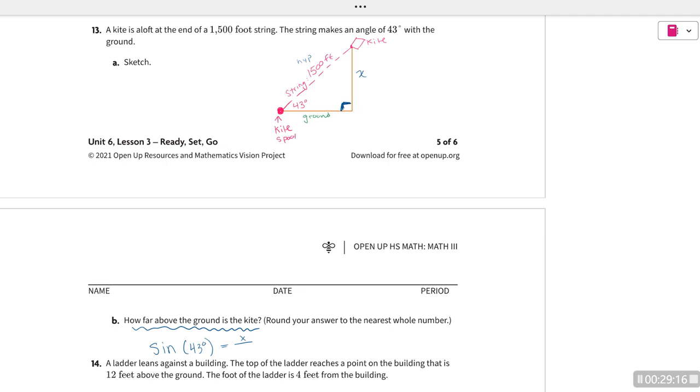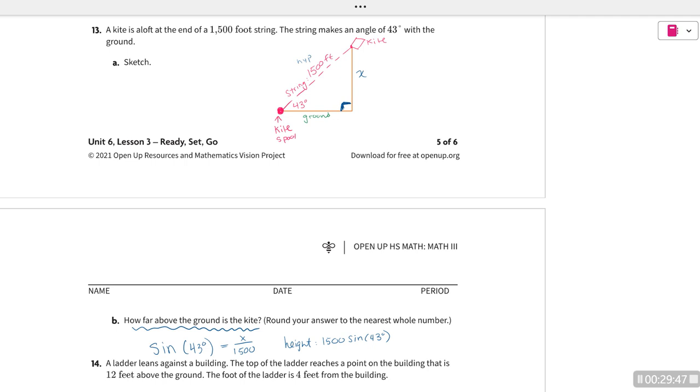I was going to say we could do y since we're looking for height, over 1,500. So the height is going to be the value we get from taking 1,500 and multiplying it by sine of 43 degrees, and it tells us to round to a whole number. So let's go ahead and plop this into our calculator.